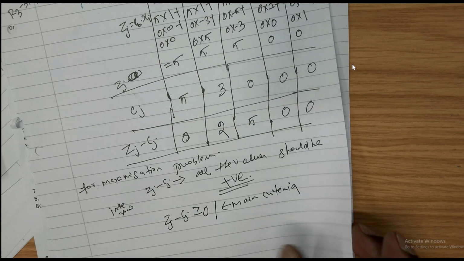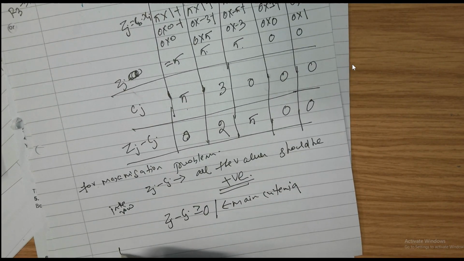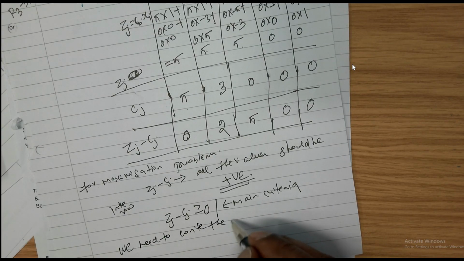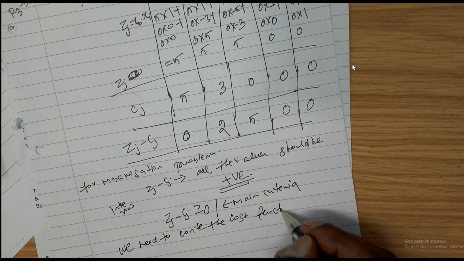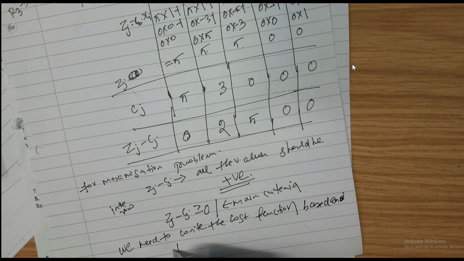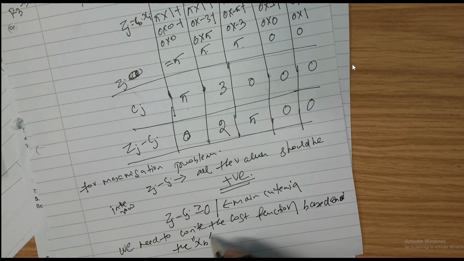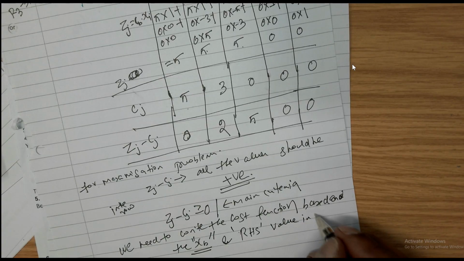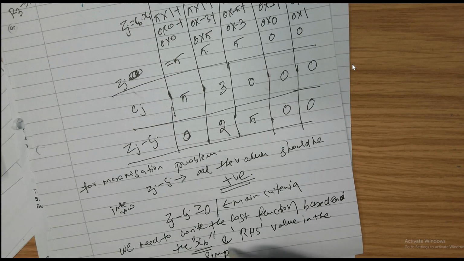So now we need to write the cost function based on xb, note this one, xb, the basic variables, and the b value in the simplex table, or we can call it the right hand side value in the simplex table.